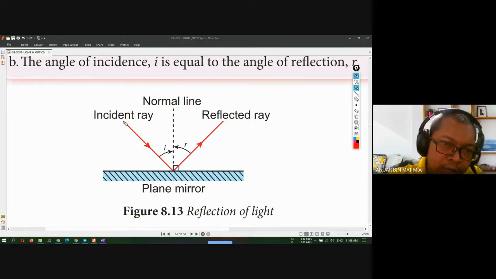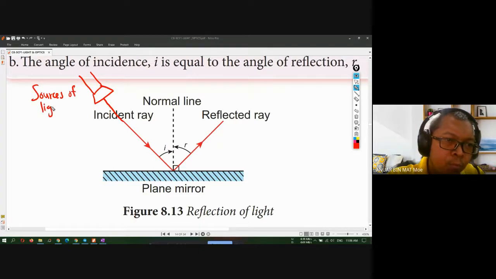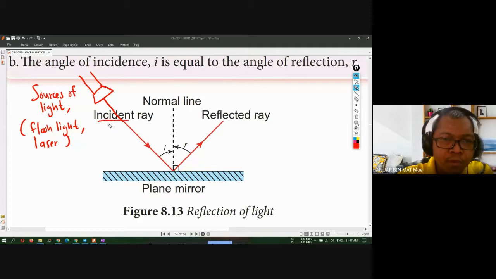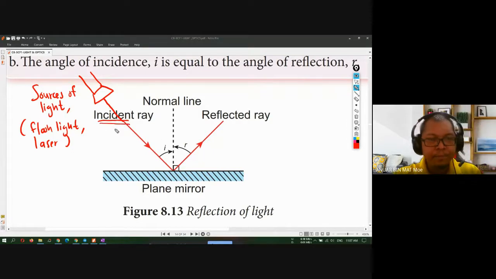I can draw another line over here. This is usually the source of light, maybe from flashlight, maybe from laser. So we call it incident ray.